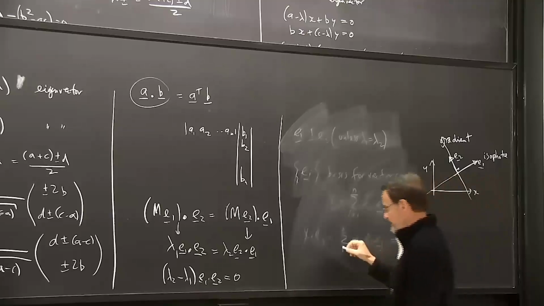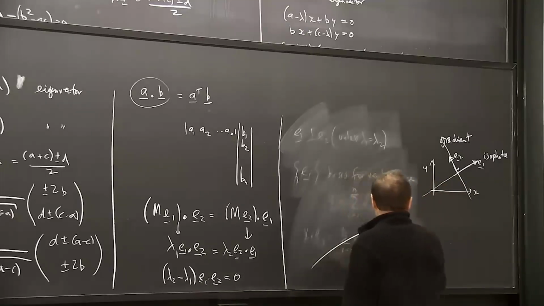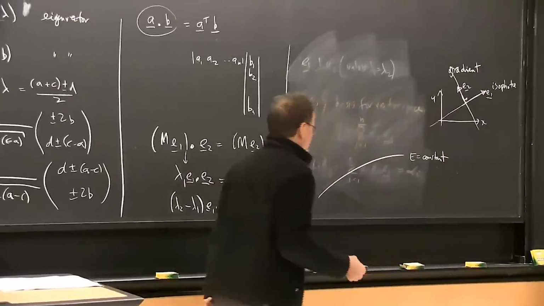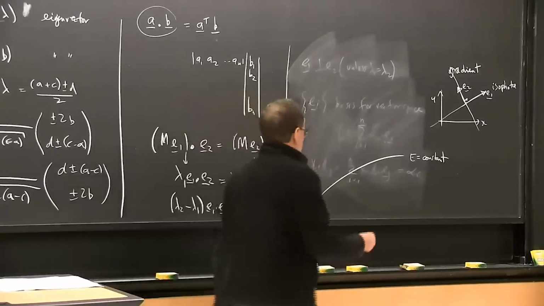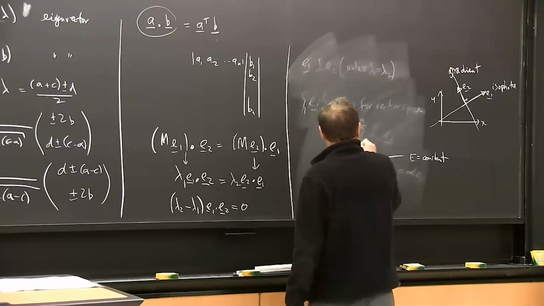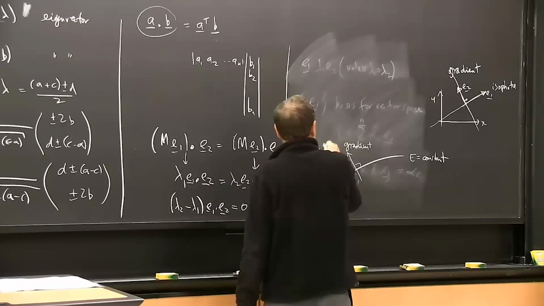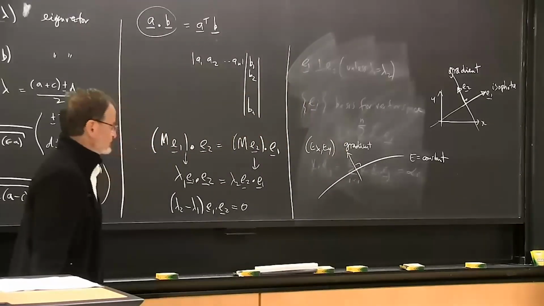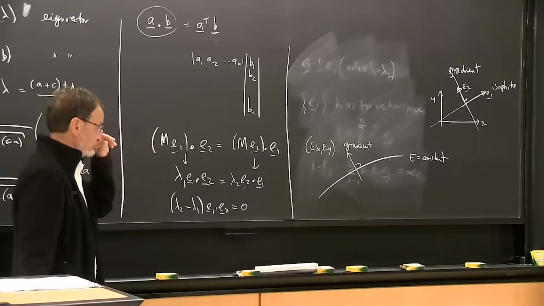So remember that, isophotes are just lines of constant brightness. And they're very handy for drawing things on the blackboard because I can't draw gray levels. And they have the property that they're perpendicular to the gradient, where the gradient is just the 2-vector of derivatives with respect to x and y.